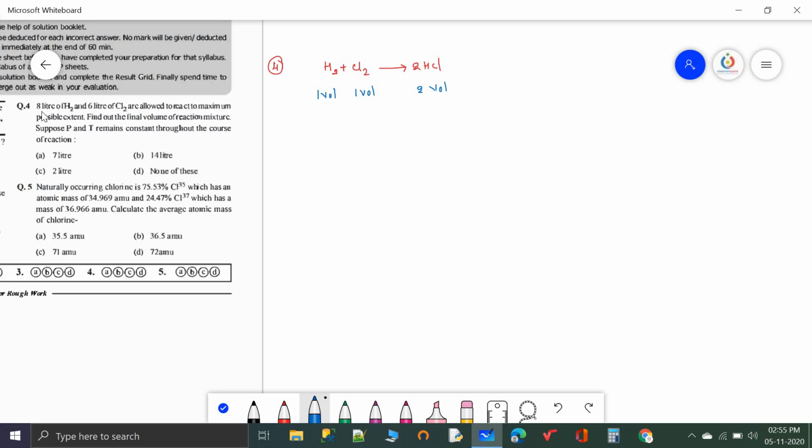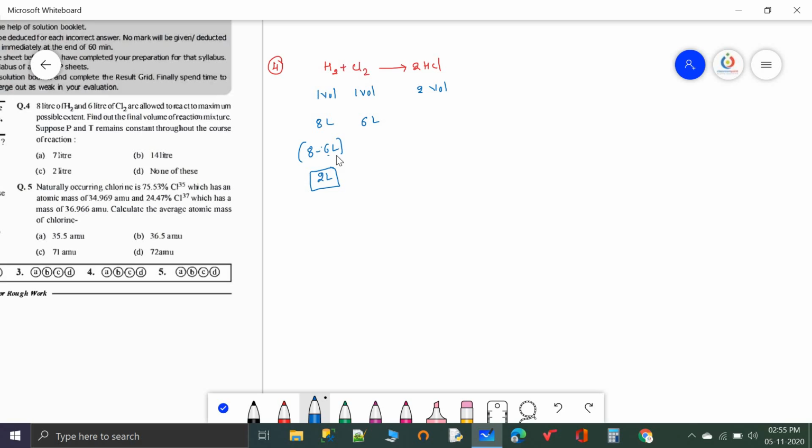So it is a 1:1 reaction, but given values are 8 liters of hydrogen and 6 liters of chlorine. Chlorine is available in the lesser amount, so 6 liters of chlorine can react only with 6 liters of hydrogen. Out of 8 liters, 6 liters of hydrogen participate in the reaction. Still 2 liters of hydrogen is present.